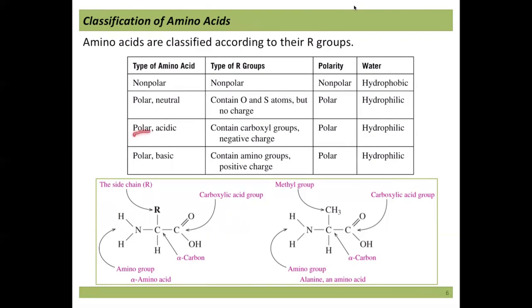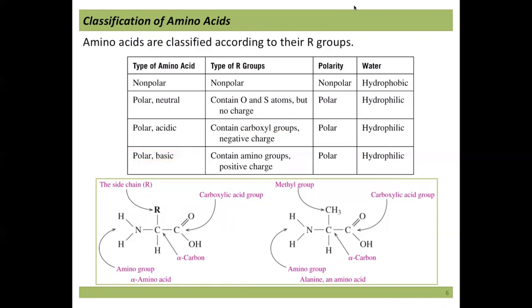And then we have the polar acidic amino acids. They contain a carboxylate group on their side chain. So not only do they have a carboxylic acid that makes them an amino acid, their side chain also contains a carboxylic acid. And then we have the polar basic groups.